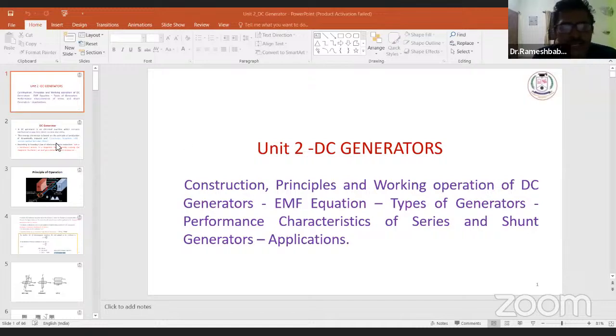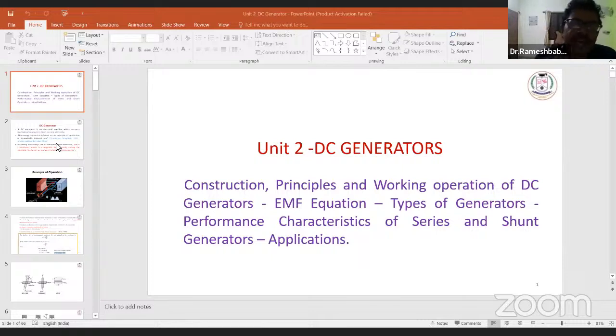First, you all know that a generator is nothing but it converts mechanical energy into electrical energy. It requires mechanical energy as input, and the input energy is converted into electrical energy. Electrical supply has two forms: direct current DC and alternating current AC.